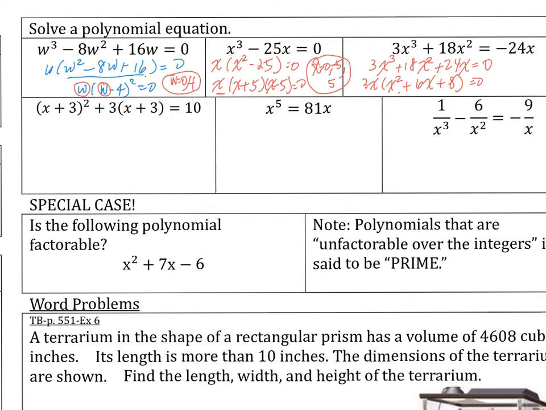So I can do, let's see, 4 and 2. x plus 4, 2. So 4 times 2 gives you 8. 4 plus 2 gives you 6. And then x here can be 0, negative 4, negative 2.